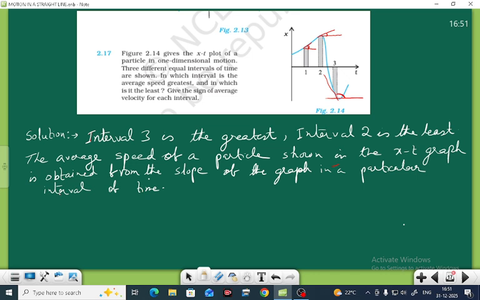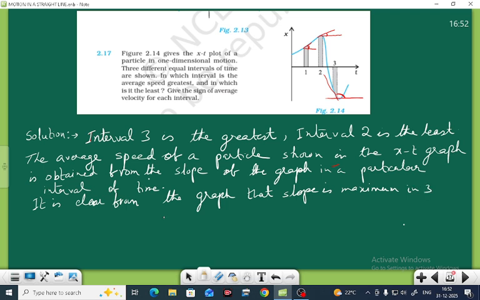It is clear from the graph that the slope is maximum in 3 and minimum in 2. So the average speed of the particle is the greatest in interval 3 and the least in 2.